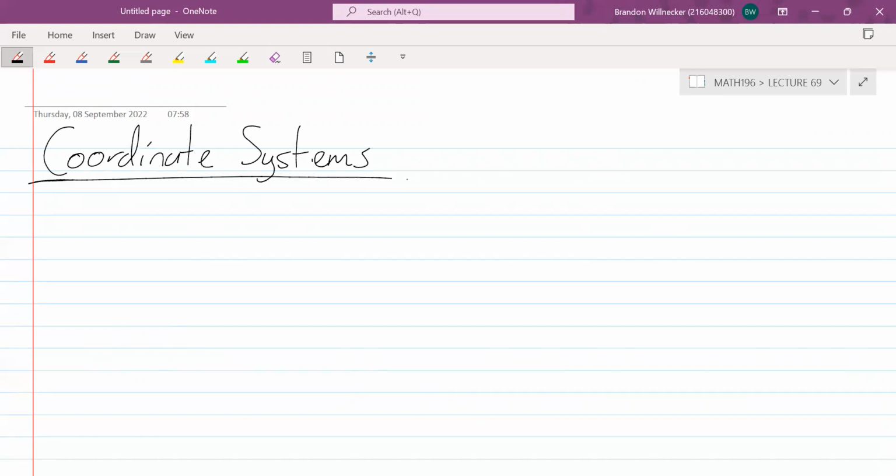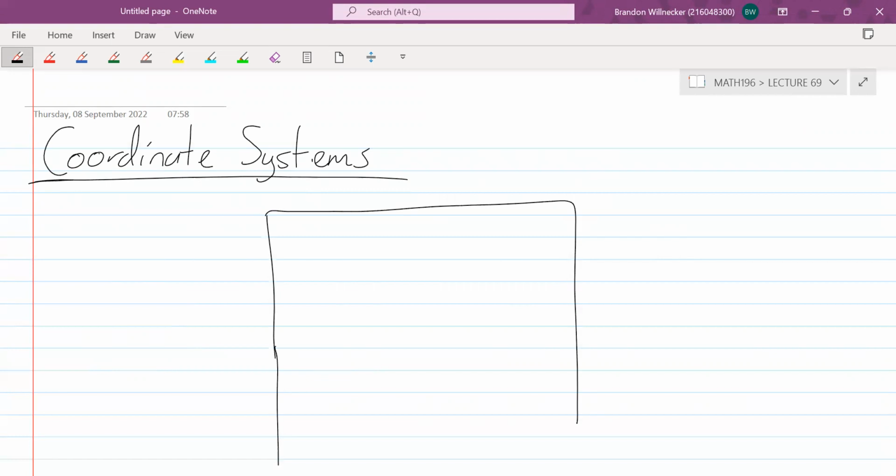So let's say we have some kind of space, just being very general, doesn't matter what the space is. We've got a space of points, and we would like to label the points in the space. Maybe we're trying to solve a physics problem and we need to label where the particles are, or something like that. We would just like to label these points.